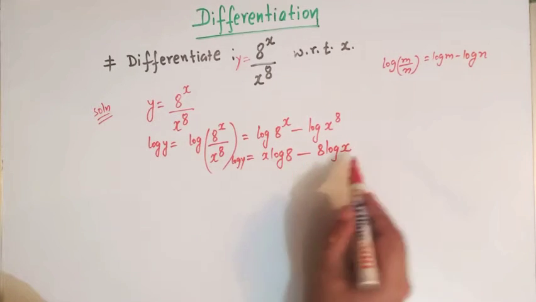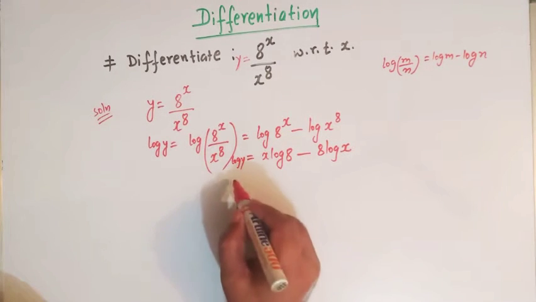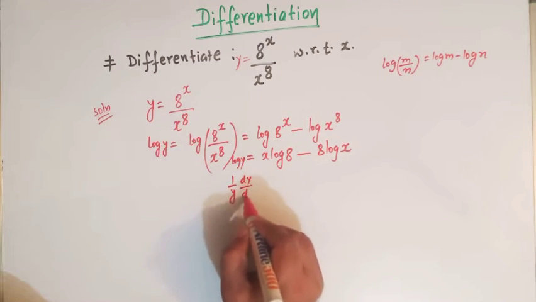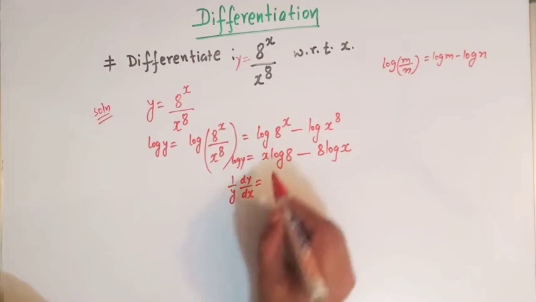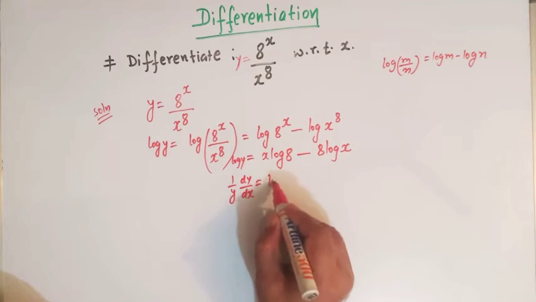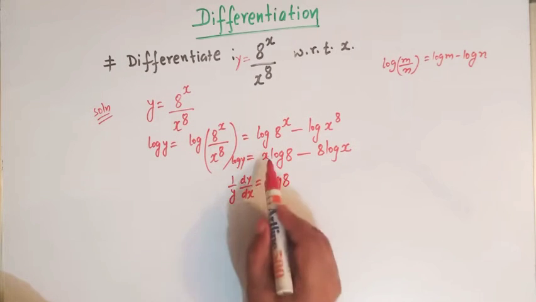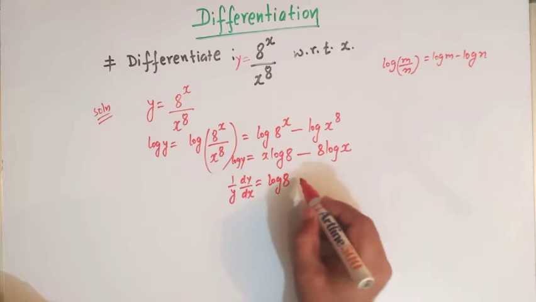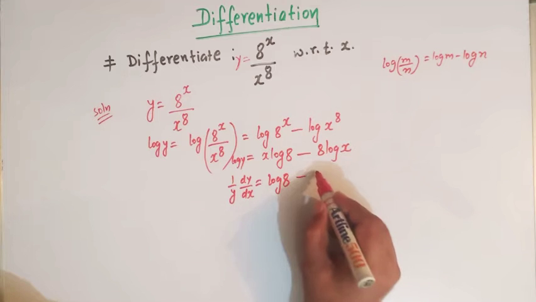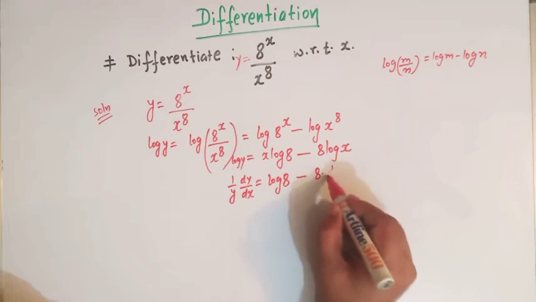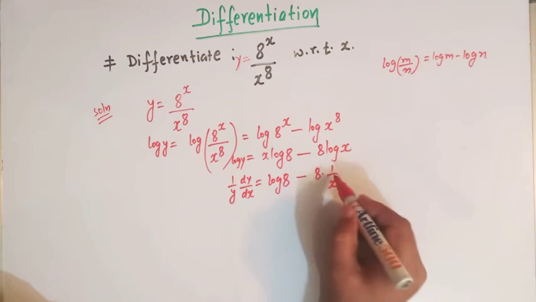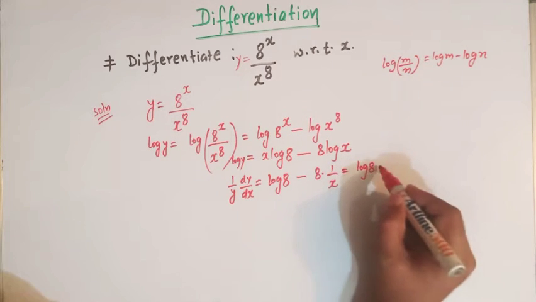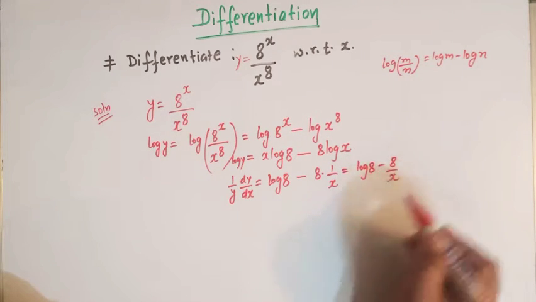Now differentiating both sides with respect to x, we have 1 over y times dy over dx. Here we have simply log 8, because the derivative of x is 1 and this is a constant, minus 8 times the derivative of log x, which is 1 over x, so this is log 8 minus 8 over x.